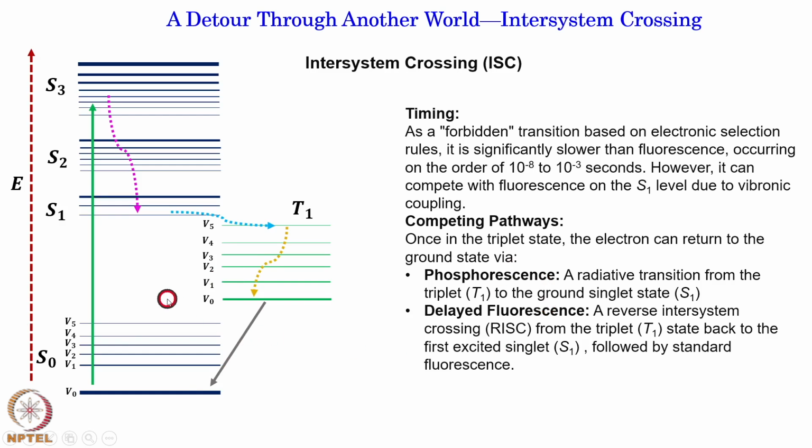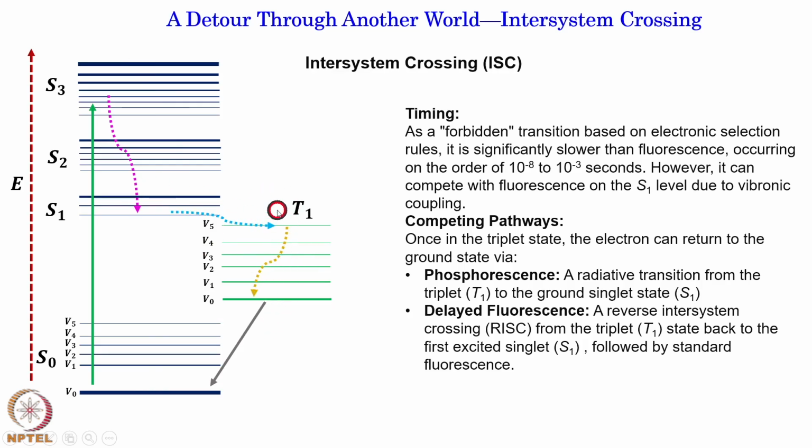Delayed fluorescence, what will happen? Nobody has again asked it to go back here. So, if it goes back here and comes here, then it will be called delayed fluorescence. So, what radiative processes are we seeing? Absorption going from the ground state to the excited state, then from the singlet state coming back is fluorescence, and it crosses the system, which we call intersystem crossing, from singlet to triplet.